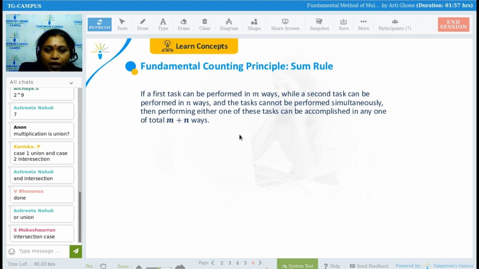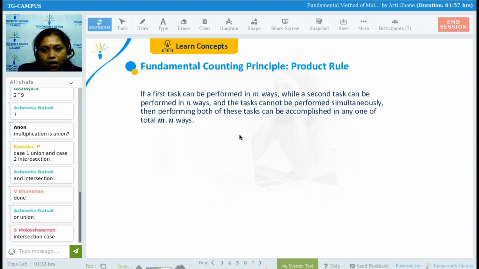This is an important thing. Then performing either one of these tasks will be accomplished by either or. There is a situation of either or. So this is an or case. That's why the operation is M plus N. It is represented in a set with which operator? Union. Got it? Clear? Next.